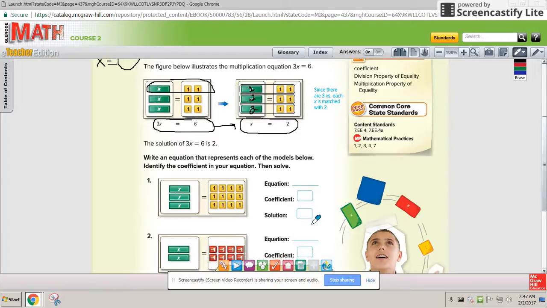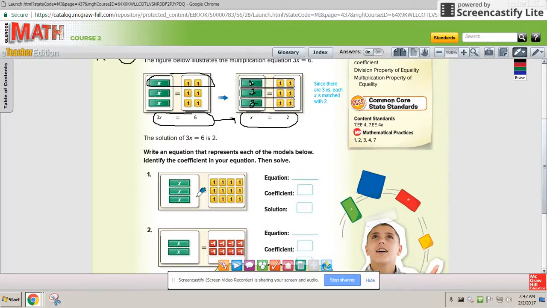Okay, so let's write the equation we see here. So we have 3x equals, 3x equals, and the other side is 12 ones. Okay, so what is our coefficient?